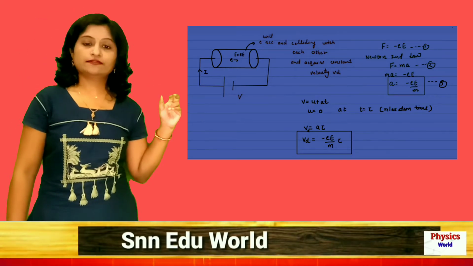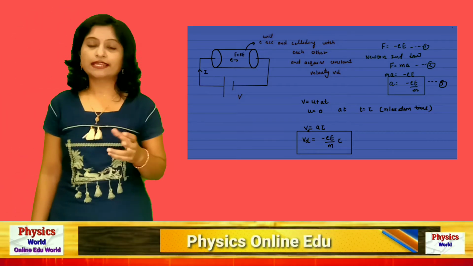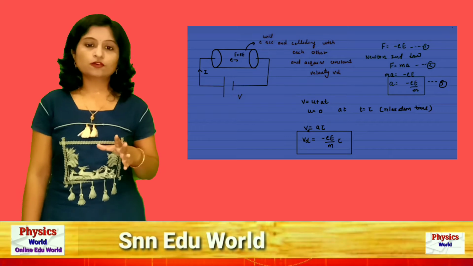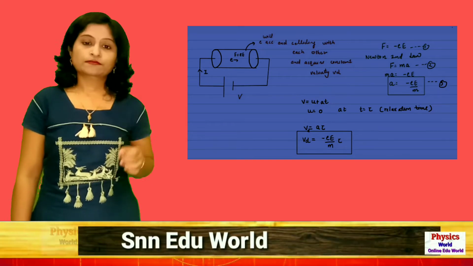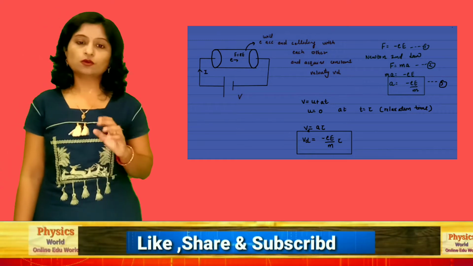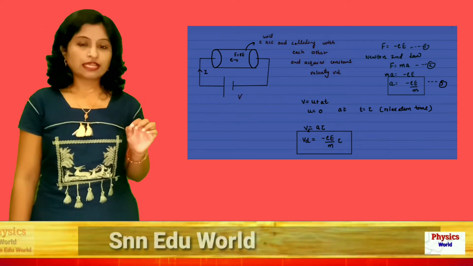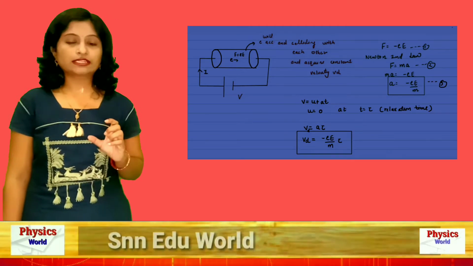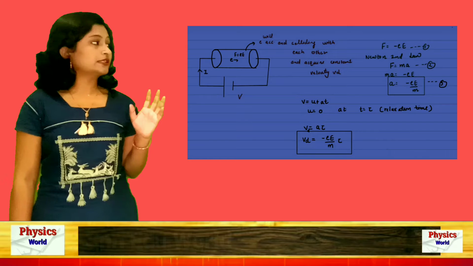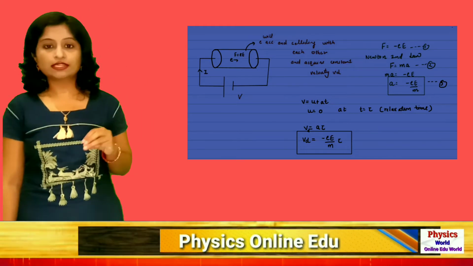The conductor is connected with the external battery, and the force that develops in the conductor, due to which it is drifted towards the positive terminal, is due to the electric field E. So what is the relation between electric field E and force? F is equal to E into q, the charge on the electron, times electric field E. So this force will drift or accelerate the electron, and they collide with each other.